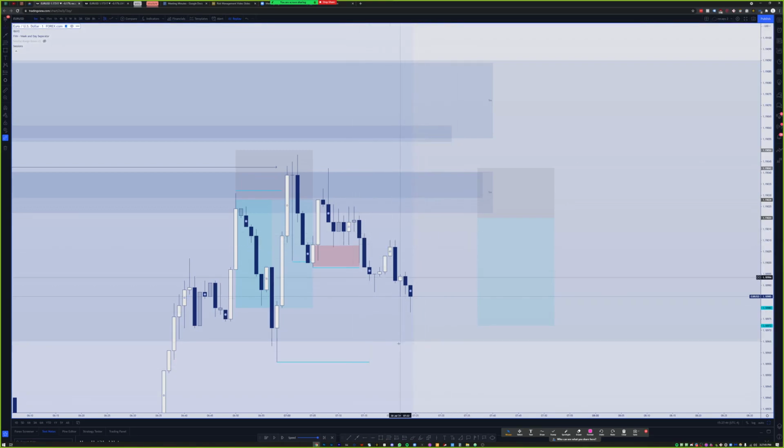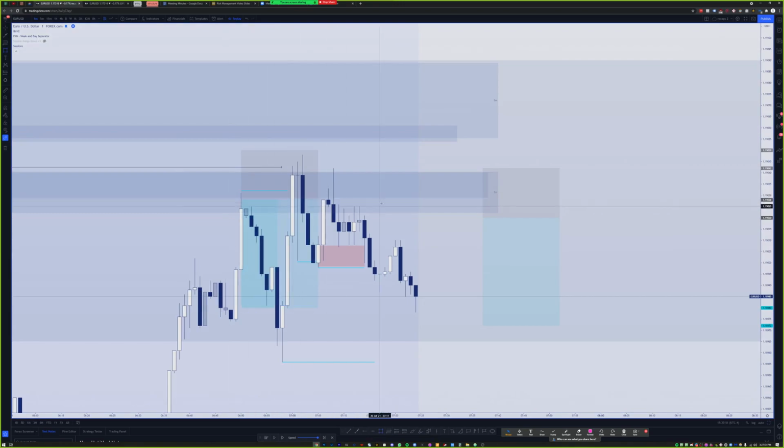Sorry, I don't know why that's not working. So we have this. Either, you can look at it like this, right? We obviously tapped into it here, but you can see price tapped into this demand zone a lot more. This I would almost say wasn't much of a tap as much as this was, right?